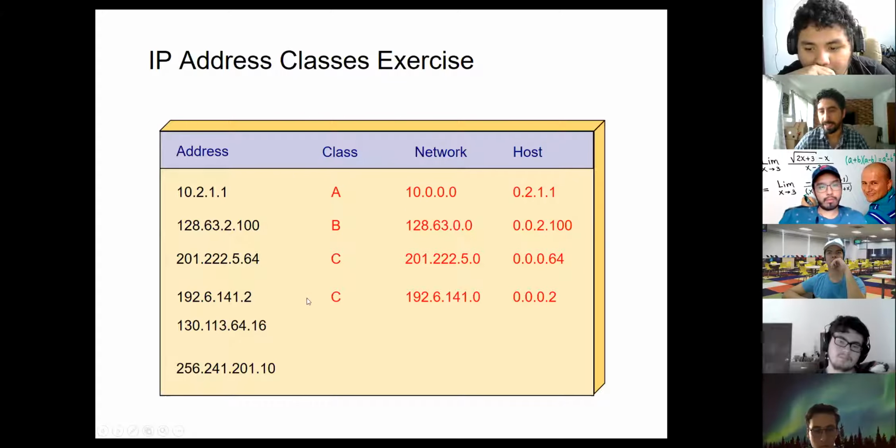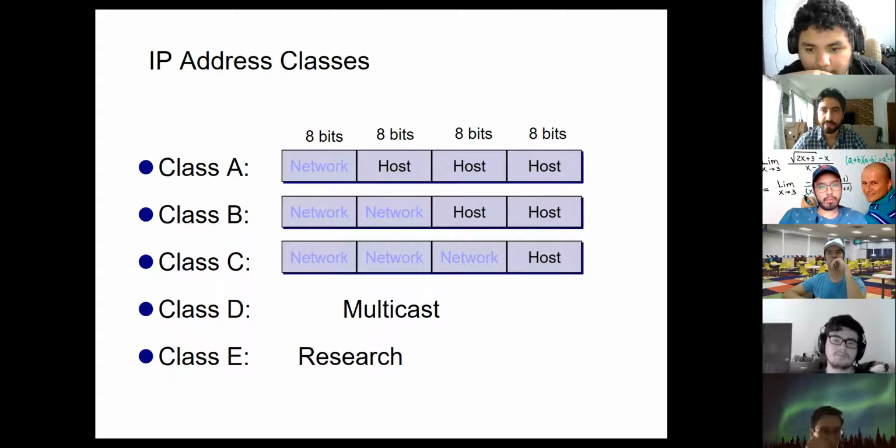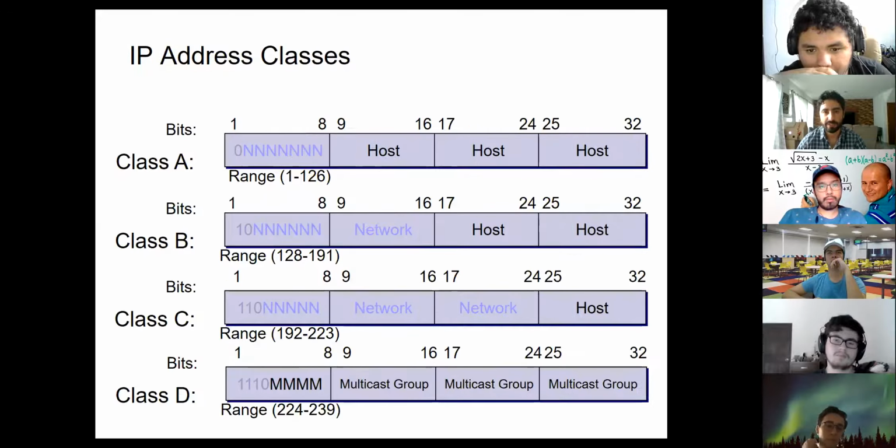This is class C. So basically what you need to remember is the range of the IP address. I showed you this table last class: the ranges 1 to 126, 128 to 191, 192 to 223, and 224.